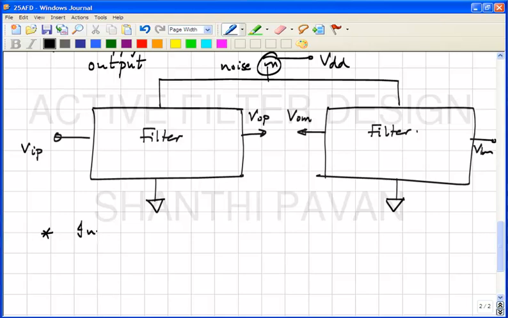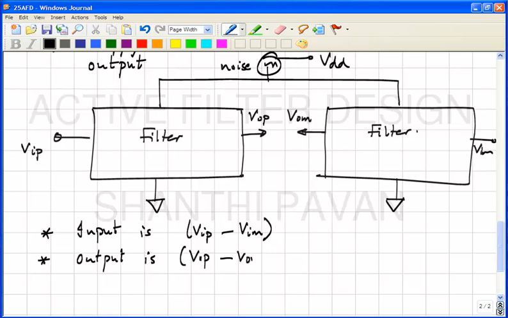So the input is VIP minus VIM, and the output is not VOP nor is it VOM, it is VOP minus VOM.